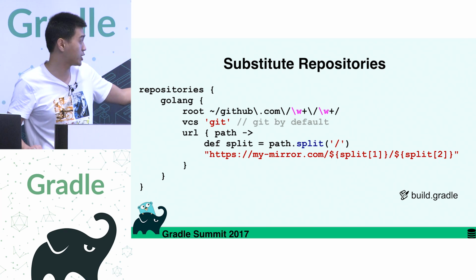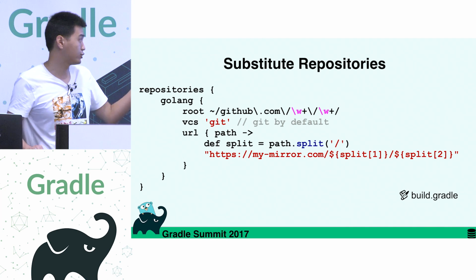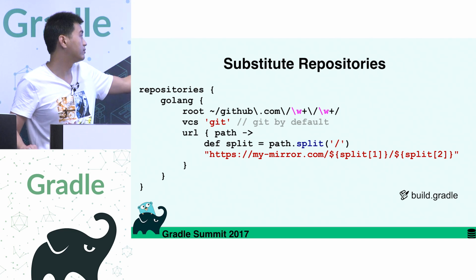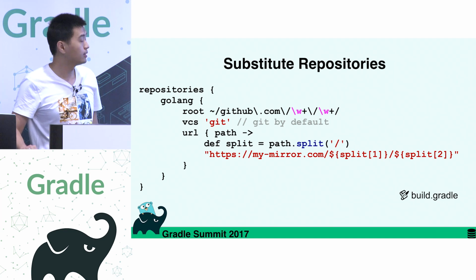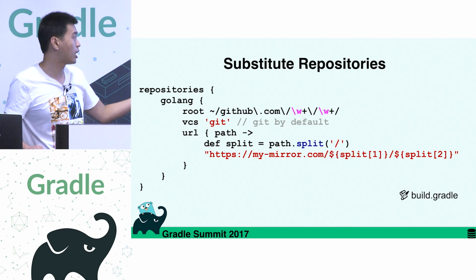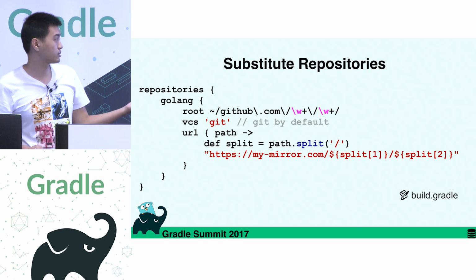It can be any object. We will use Groovy's isCase method to test the package name. And you can specify the VCS via the VCS statement. By default, it's Git, so here the VCS is optional. Currently, Git and Mercurial are supported.